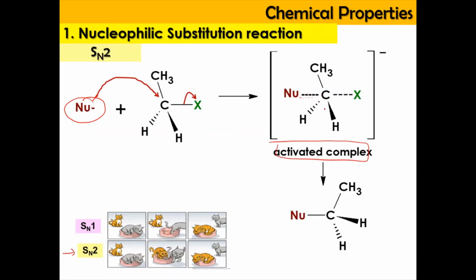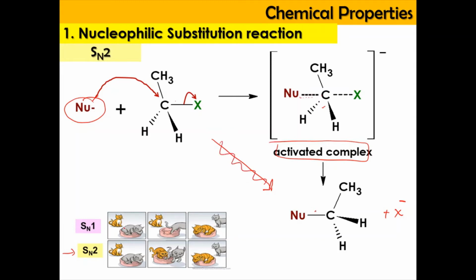And at the end, you will directly form your product. Yang mana nucleophile masuk dan X akan keluar. Okay, X akan keluar membentuk X minus di sini. So sebenarnya dia adalah satu step. Tetapi for a mechanism, you need to show that it forms an activated complex first, then only forming a product here.